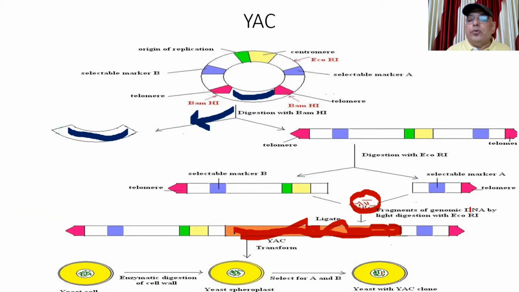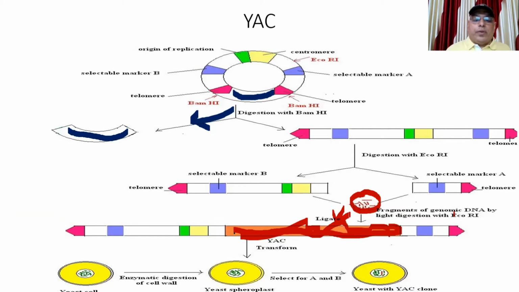So fragments of genomic DNA are obtained by light digestion with EcoR1. Here you have fragmented it out. Here there was a site for EcoR1. You see here, here was the site for EcoR1. So it has been digested out, and in its place, a new segment, new DNA, has been inserted.